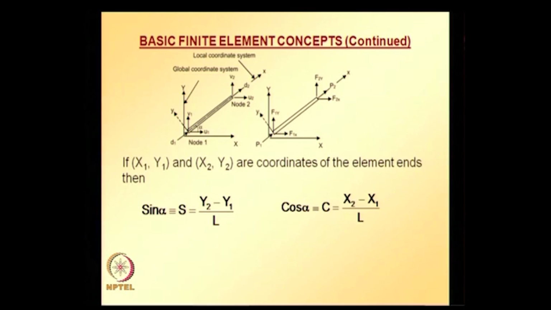Sin alpha is (Y2 minus Y1) over L, cos alpha is (X2 minus X1) over L, where L is the length of that particular element, which you can easily obtain once we know the coordinates of the element ends. So using this we can easily get the transformation from the global x axis, y axis to the local x axis, y axis, or vice versa.